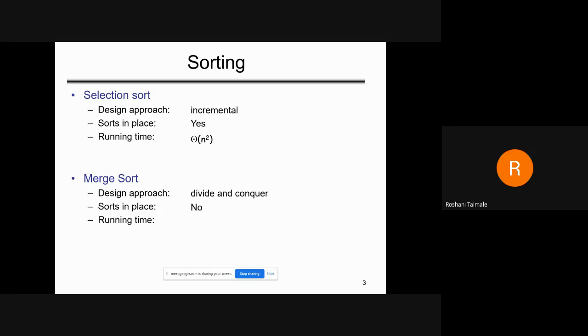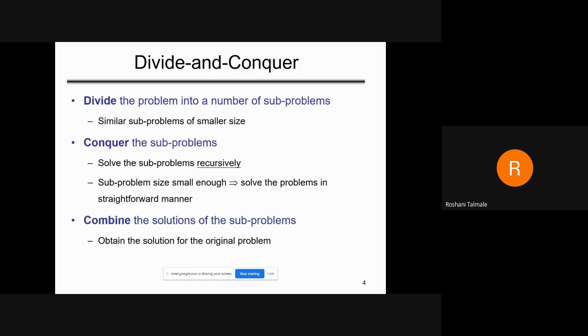Sort in place means immediately performing the sorting, but here we first perform the divide and then the sorting. And the running time we will explain in the further PPTs. So what is divide and conquer? Just one minute.